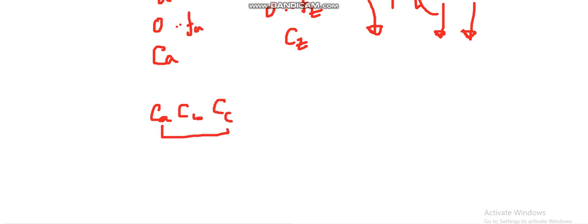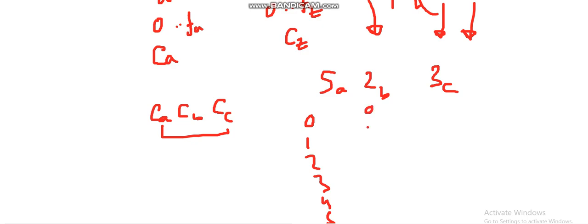number of strings. Okay, so let's say in the original string there are 5 a's, 2 b's and 3 c's. Now for ca we can take any value from 0 to 5, so it becomes 0 1 2 3 4 5, and for cb it can be 0 1 2, and for cc it can be 0 1 2 and 3.